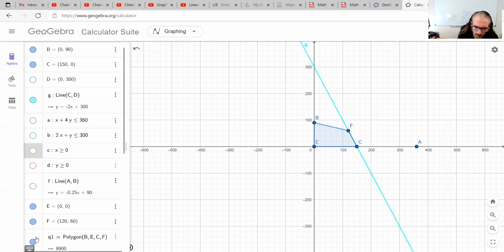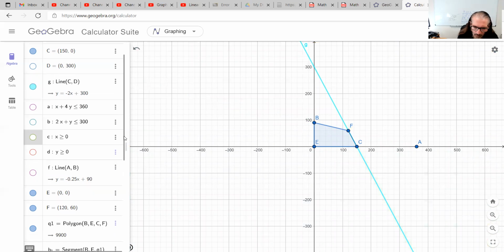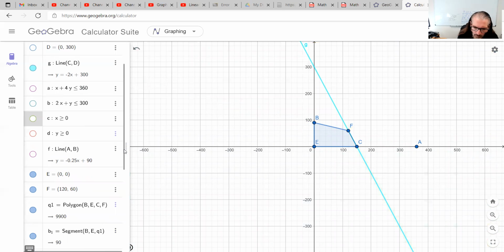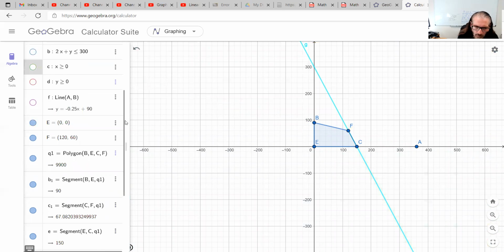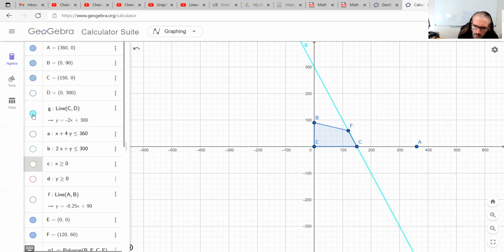See 0, 0, need to see that. All right, we don't need to see that line though. There we go. And we also need to see point A.